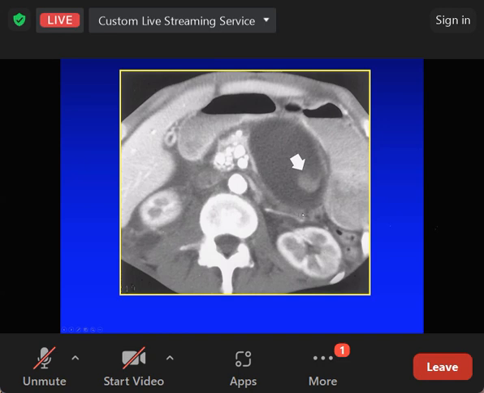You get aneurysm formation. It erodes into the cyst, bleeds into the cyst. If the cyst is communicating with the pancreatic duct, the blood will then pass down the pancreatic duct into the duodenum, on into the bowel, and the patient will present with melena, so-called haemosuccus pancreaticus. Not common, but it does occur.